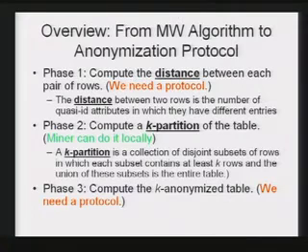And in the third phase, the algorithm computes a k-anonymized table using the output of the second phase. So here, to build a privacy-preserving protocol for this algorithm, we notice that the second phase is pretty trivial because using the output of the first phase, the miner can simply do it locally, and there is no additional information leak.